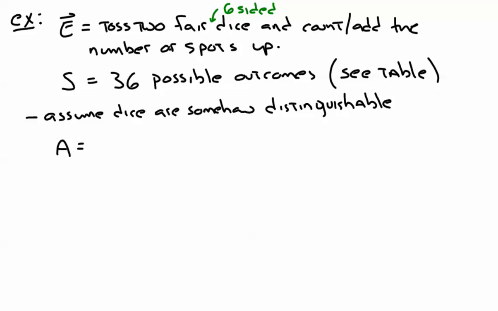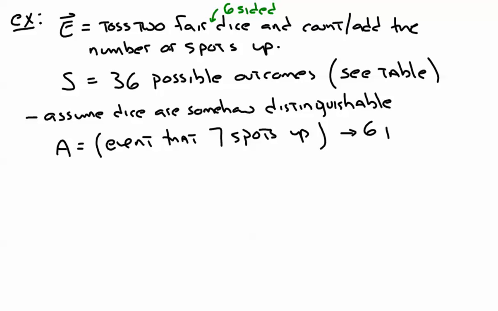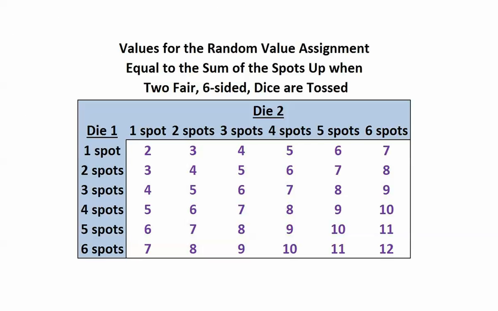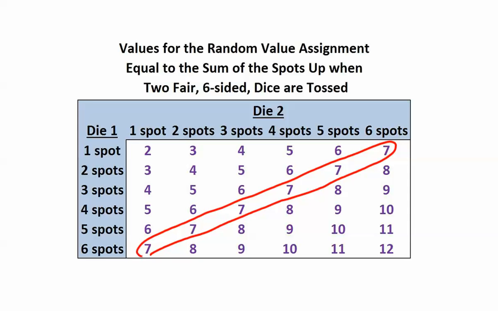Event A is going to be the event that I have a total of 7 spots up. That's 6 possible outcomes. If I look at my table, 7 spots up, that's event A.